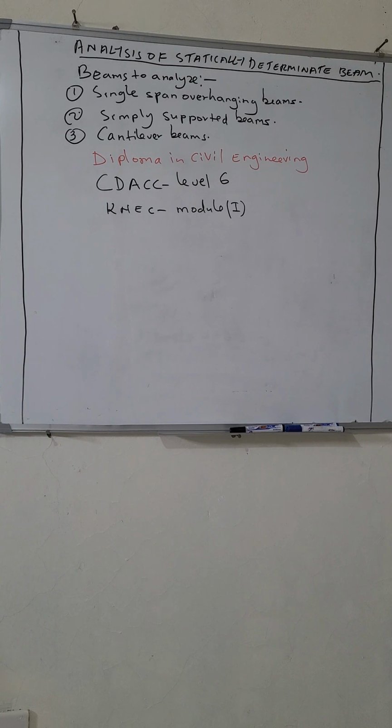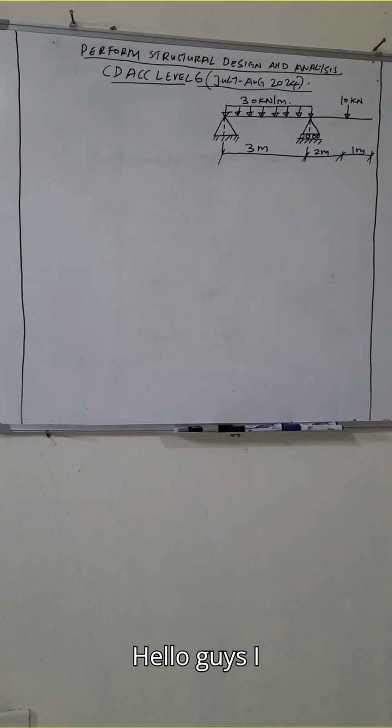So welcome guys. I want to solve a problem from Perform Structural Design and Analysis, that is CDAC level 6, July-August 2024. The question reads: analyze the beam in figure 1 and determine its support reactions. Draw the shear force and bending moment diagram.